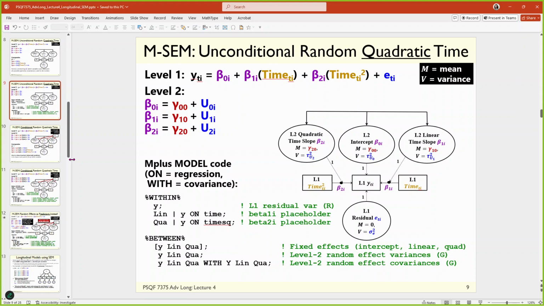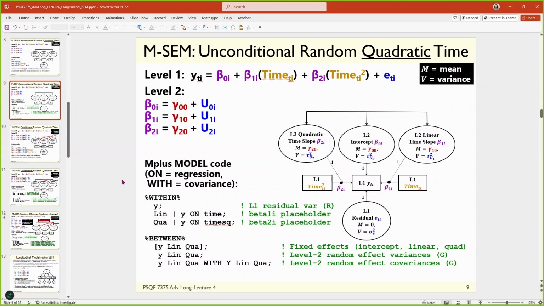About the fixed part. I have a little hard time understanding it because the placeholder, like the beta 1i and beta 2i, they already become the random part that we had in the circle.